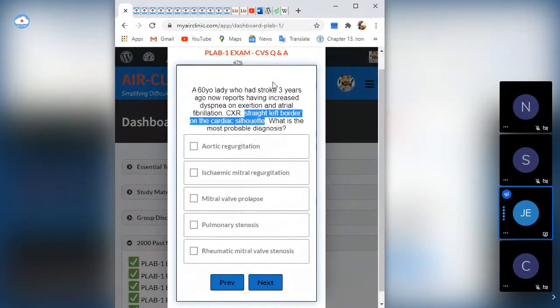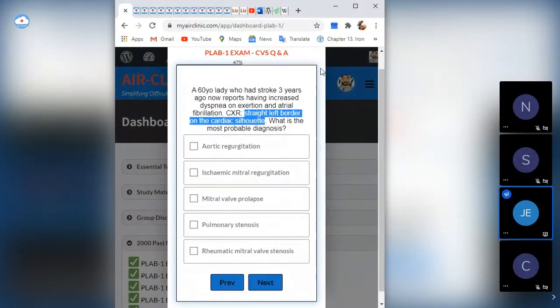It means that the left atrium is enlarged. It's only the left atrium being enlarged that will make that left cardiac border become straight instead of being slanted like this. It means something is occupying space here.